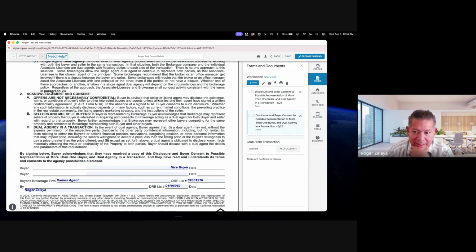Buyer is advised that the seller or listing agent may disclose the existence of terms or conditions of a buyer's offer to other interested parties and agents unless all parties and their agents have signed a written confidentiality agreement, CAR form NDA. In the absence of a signed NDA, buyer consents to such disclosure. Whether any such information is actually disclosed depends on many factors, such as current market conditions, the prevailing practice in the real estate community, the listing agent's marketing strategy, and instructions of the seller.